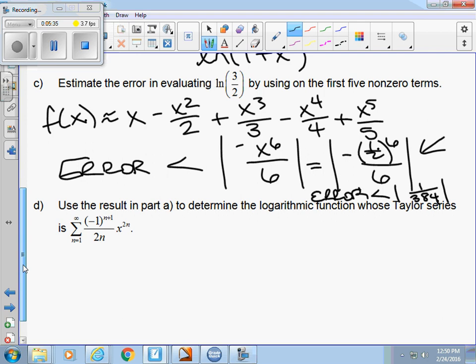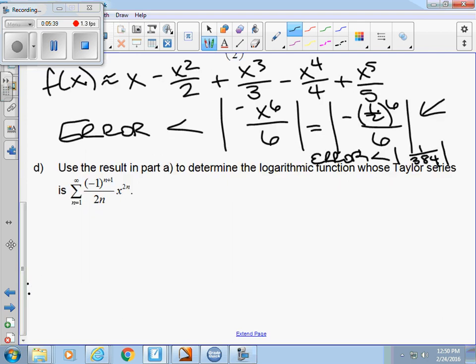We know the base function. Use the result from part A to determine the logarithmic function whose Taylor series would be that.